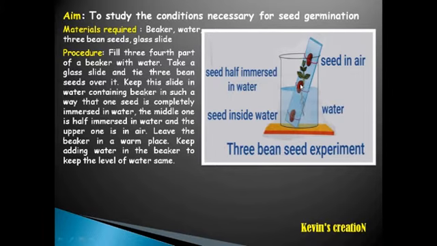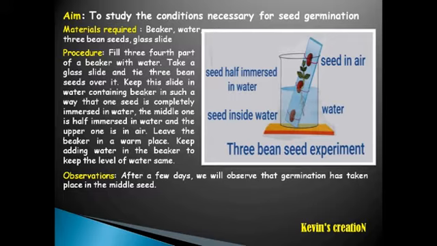And the upper one is in the air; there is no contact with water. Now leave this beaker in a warm place, and keep adding water from time to time to maintain this level of water so that the middle bean seed gets water.